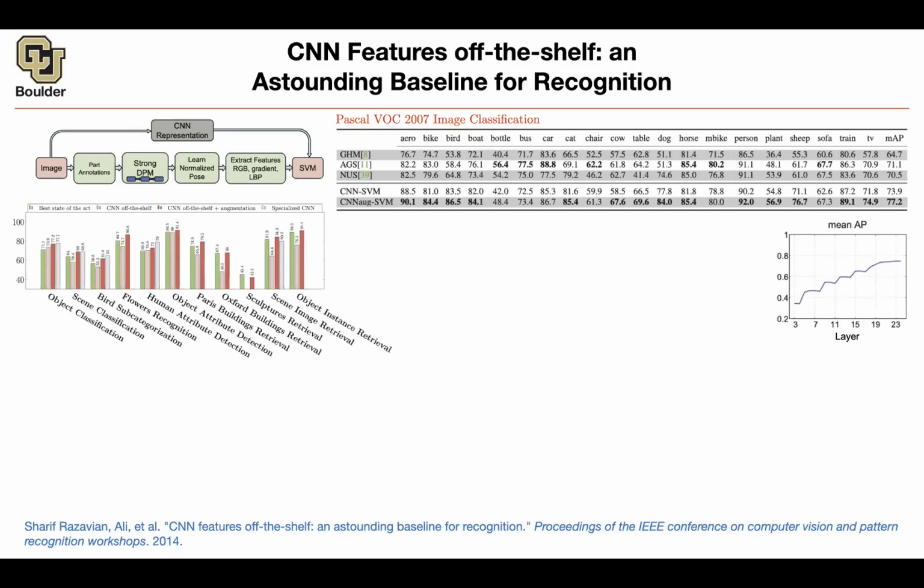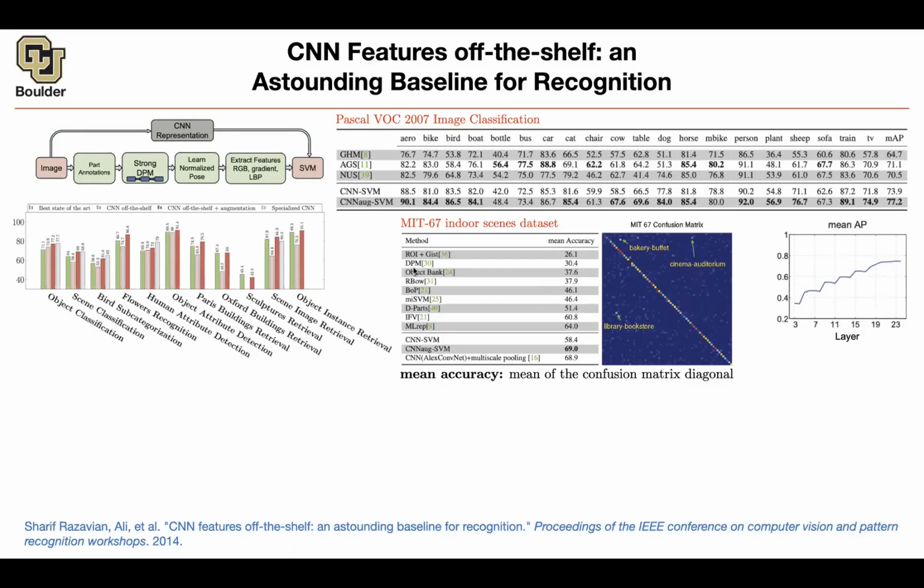I'm going to tell you about the details of the mathematical formulation of average precision later on when we do object detection. But for now, it is worth noticing that the task is slightly different. There could be multiple objects in one image. And the CNN support vector machine with the augmentation is doing best on almost all of the categories except a few. And in total, that's doing the best. So that's object classification.